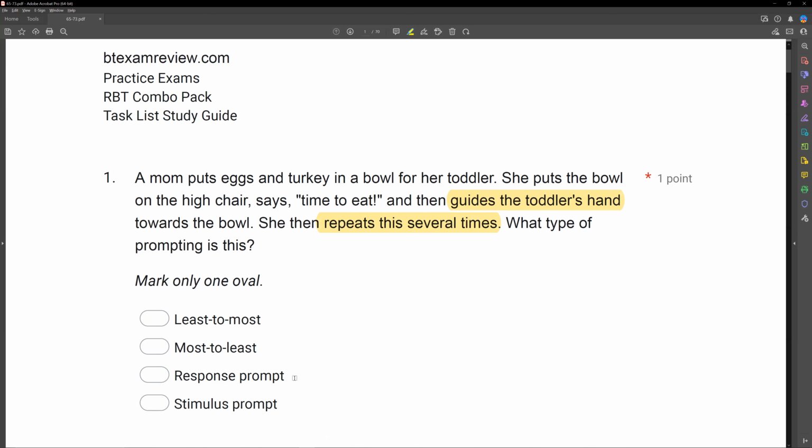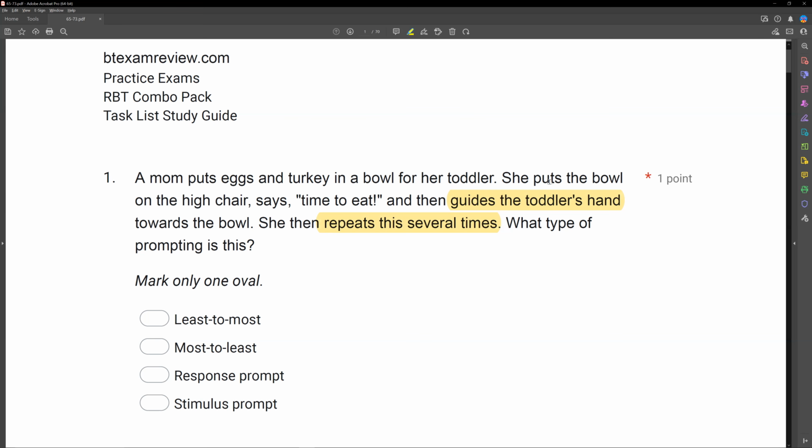So it leaves us with a response prompt and a stimulus prompt. Well, we know a response prompt acts directly on the response, like a modeling prompt or a physical prompt. A stimulus prompt alters the prompt or the stimulus in some way. So if she had moved the bowl or made the bowl bigger, that's acting on the stimulus. That's a stimulus prompt.